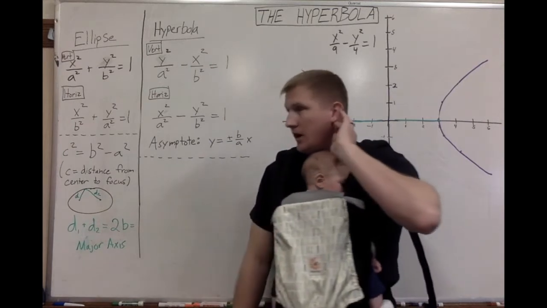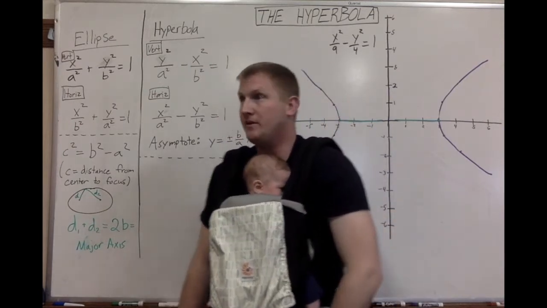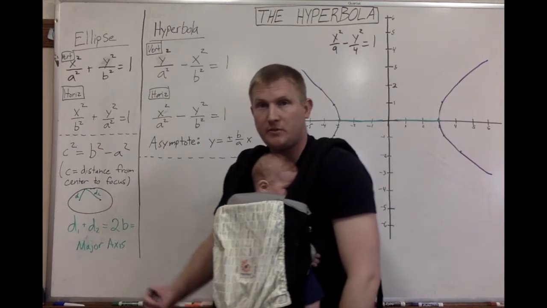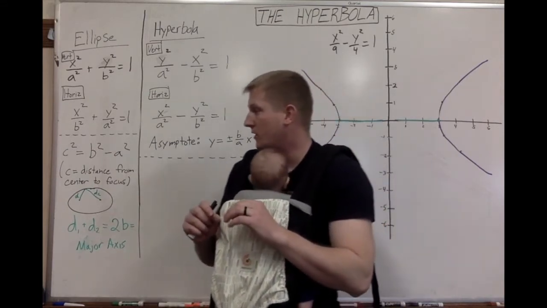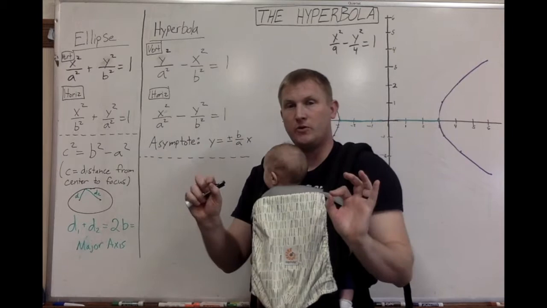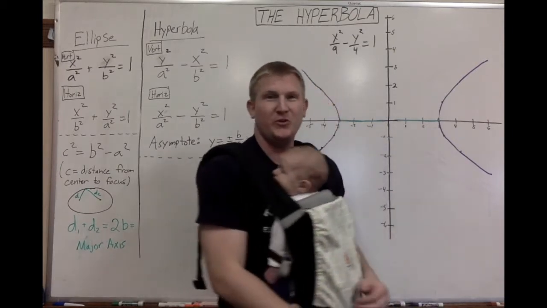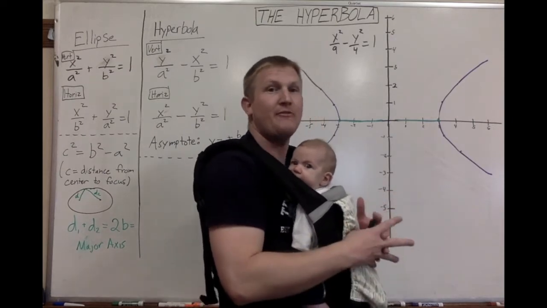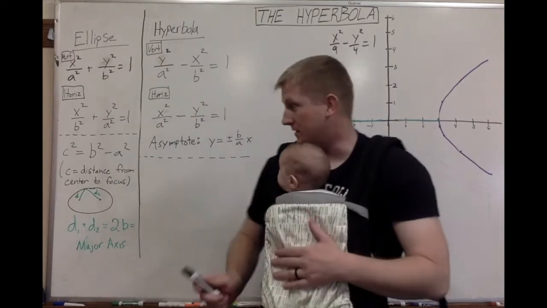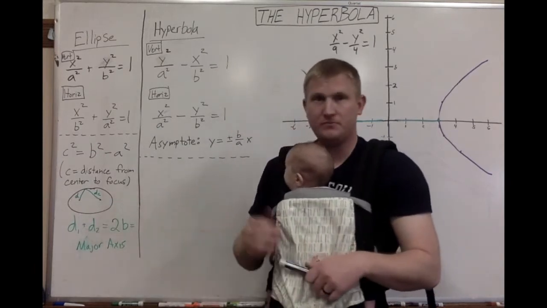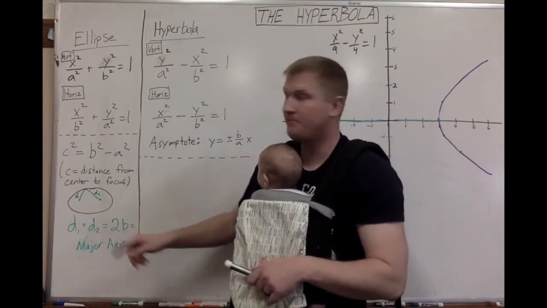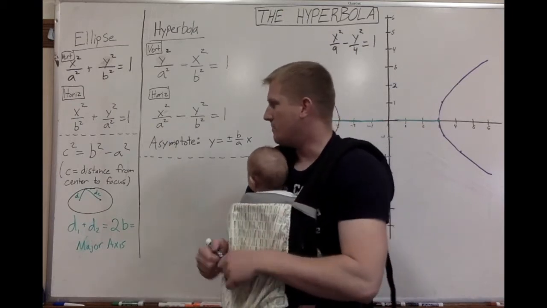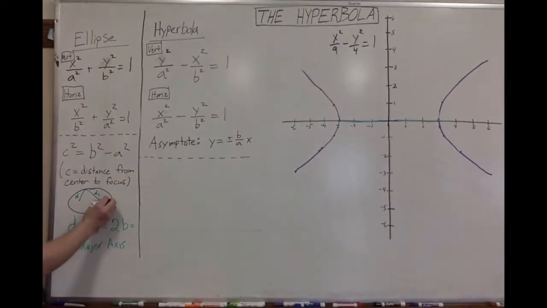And then lastly, the characteristic of the ellipse is that for any point on the ellipse, if you were to draw straight lines from that point to the two foci, the sum of those two distances is going to be constant. It is going to be the same every time. And in fact, that distance is the major axis, or 2b.